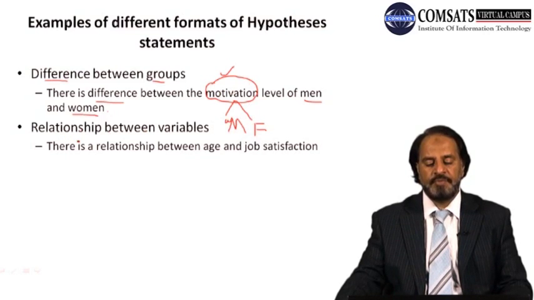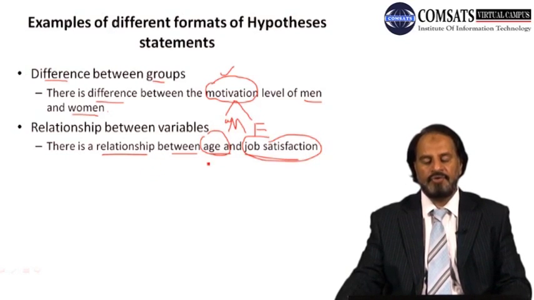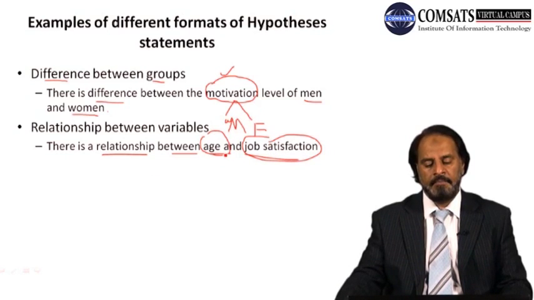This is what we are looking at. The example of a relationship between variables, you've looked at some of them. This is another example: there is a relationship between age and job satisfaction. So two variables, age and job satisfaction. We're saying there is a relationship. Here again, we're saying age and job satisfaction are related, meaning if we have an increase in age, job satisfaction will also increase, or if there is a decrease in age, job satisfaction will also decrease.